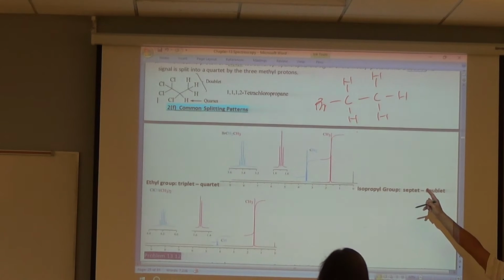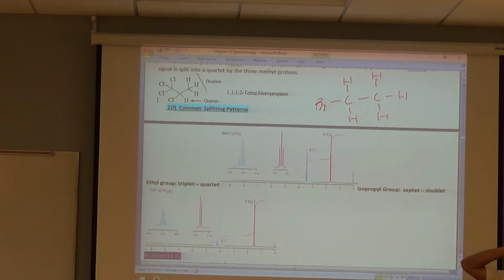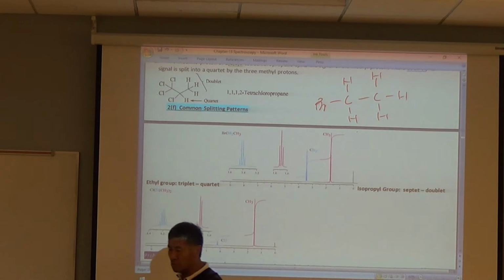This carbon has 2H, the methyl has 3H. The carbon with 2H is the methylene, and that 2H is obviously different from that 3H. That 3H will split the signal of the 2H into a quartet, and the 2H splits the methyl's signal from the 3H into a triplet. So you have this triplet and quartet pattern.